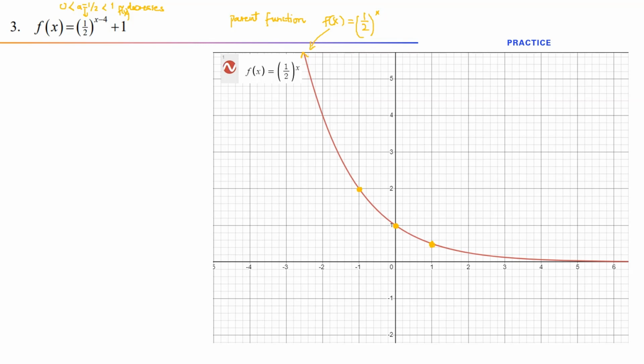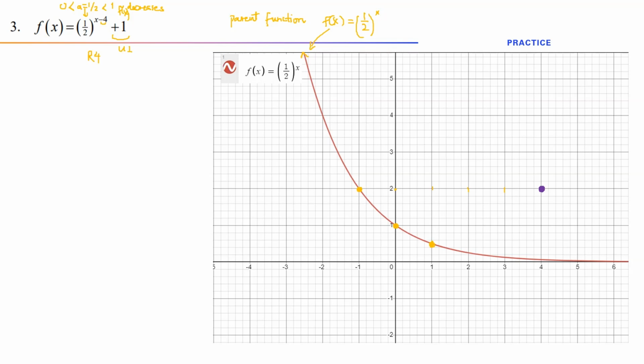Now we have to translate it. So we go +1, go up 1 unit, -4, go to the right 4 units. So each of the points we have will go up 1 unit and to the right 4 units. It becomes a point right here.